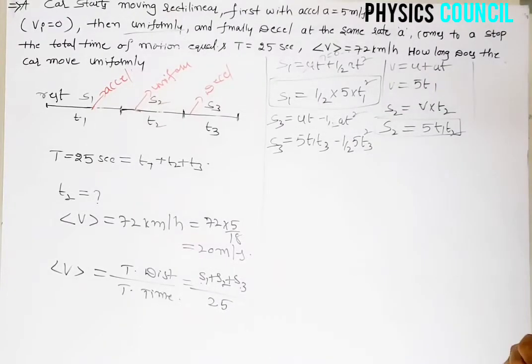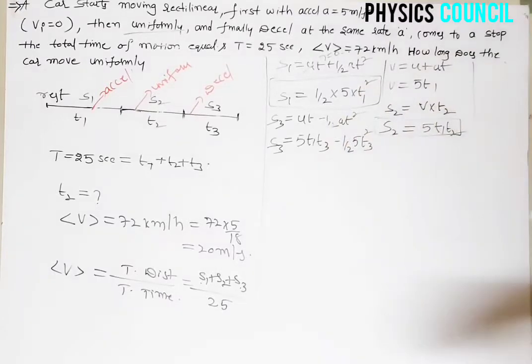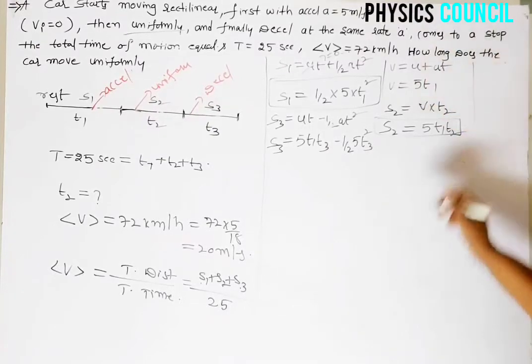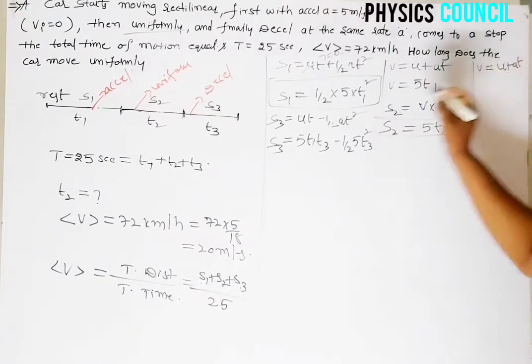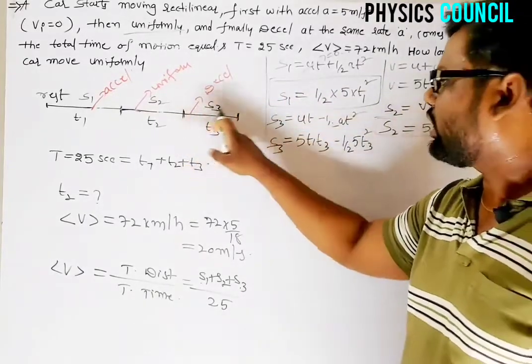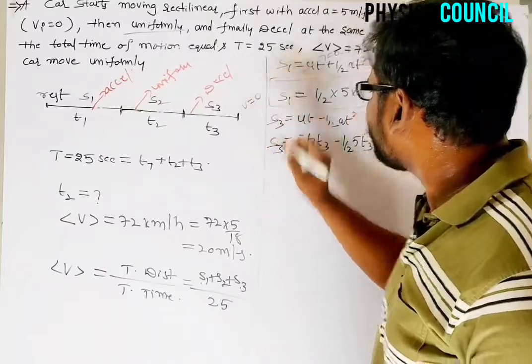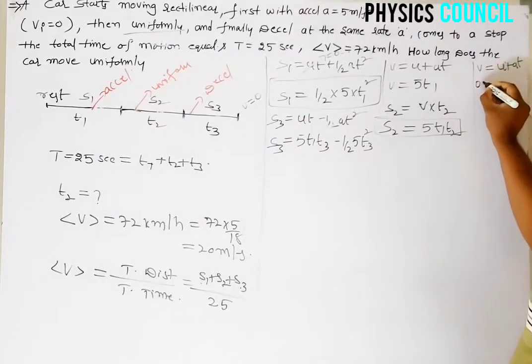So now here in this case already we know that t1. Again you can take v is equal to u plus at in the case of deceleration motion. Finally the car comes to a stop, that means final velocity v is going to be 0.